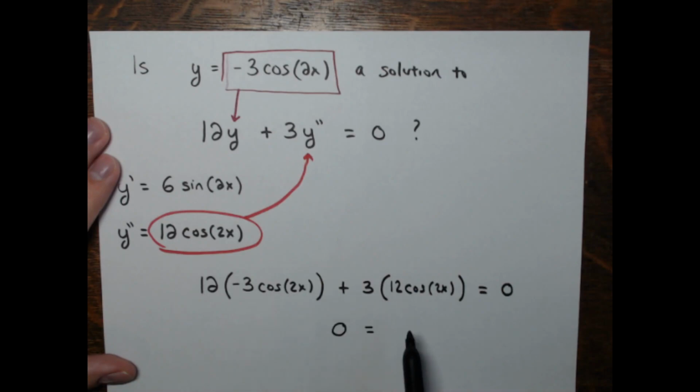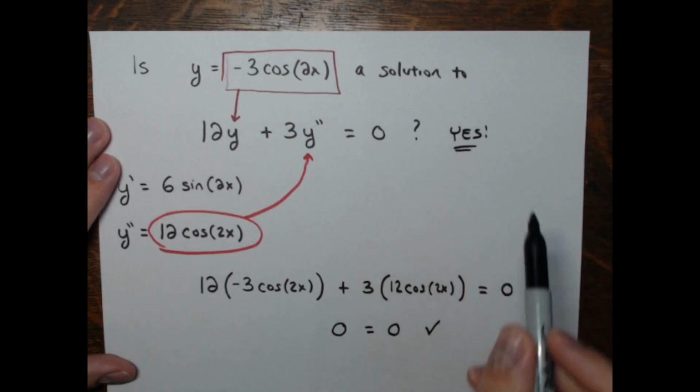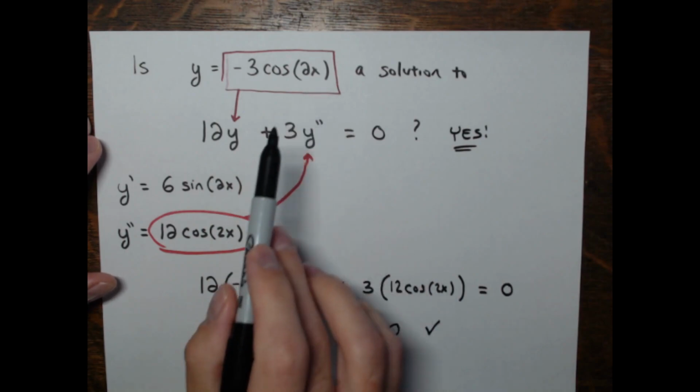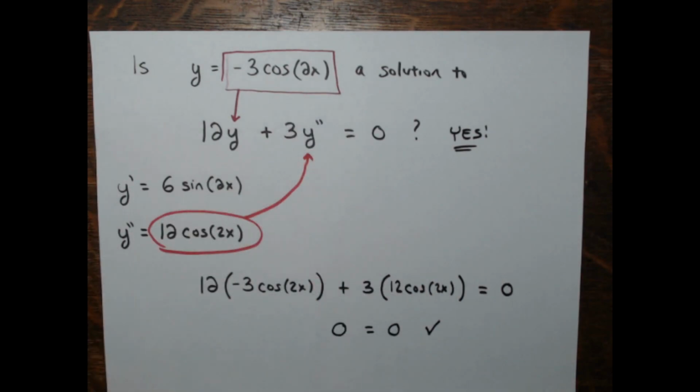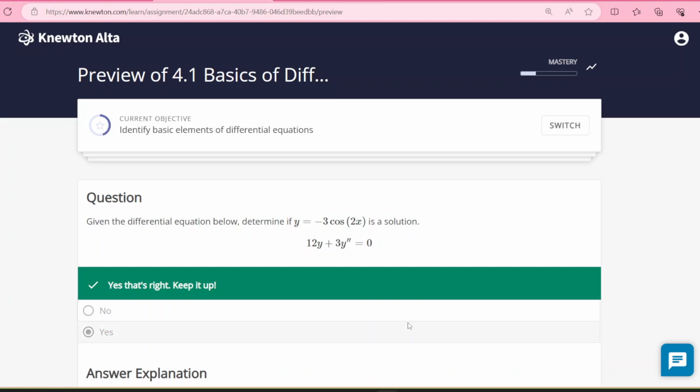These are opposites. Those would make 0 when you add them. And now I have 0 on the left, 0 on the right. Yes, the exact same expression on both sides. So this y equals -3 times the cosine of 2x is a solution of this equation. It does satisfy it. So now we finally see a yes for one of these questions. Great.